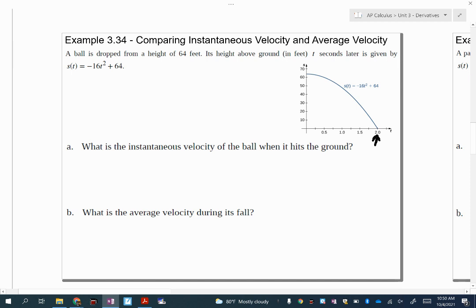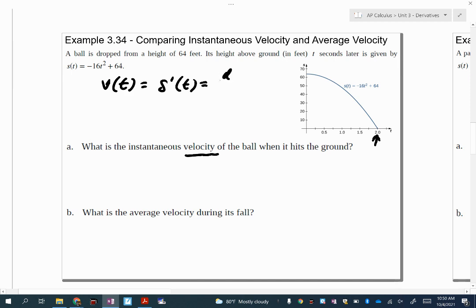Again, we've done this before, but now I'm going to show you using our derivative rules that we want to find the instantaneous velocity. We first need to find the velocity function. That velocity function, v of t, is the same as s prime of t.